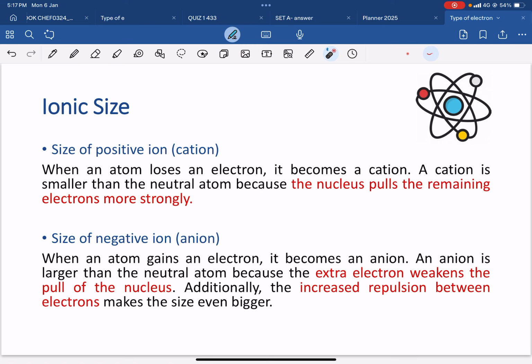So now with 12 proton, you want to pull 14 electron, it becomes weaker. Dia dah tak kuat sangat, dia tak boleh nak tarik cukup banyak macam tu. So what happens is that the pull becomes weaker, so the size jadi besar, right? So size becomes bigger. On top of that, when you have an additional electron, there is repulsion between electrons that makes the size bigger.